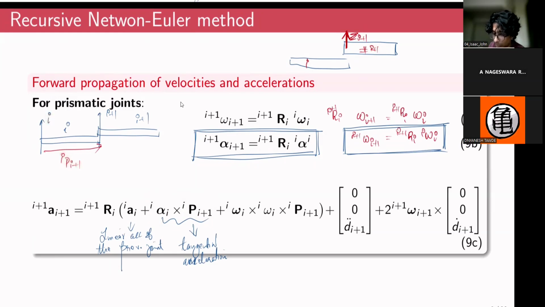So the cross product between the angular acceleration and this link length would give you the tangential acceleration, which is this component. And this component is nothing but the centripetal acceleration.